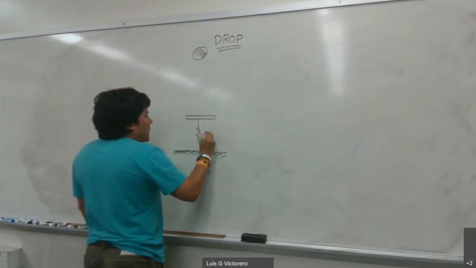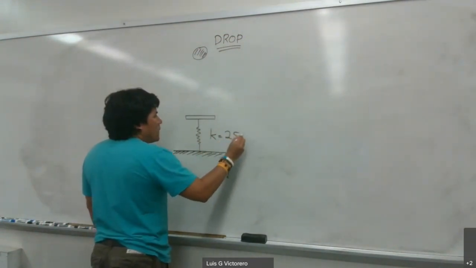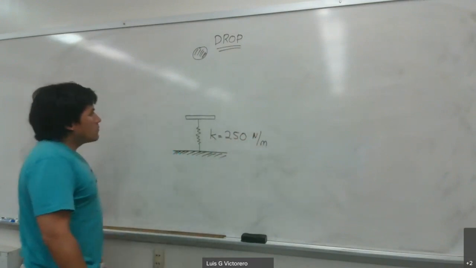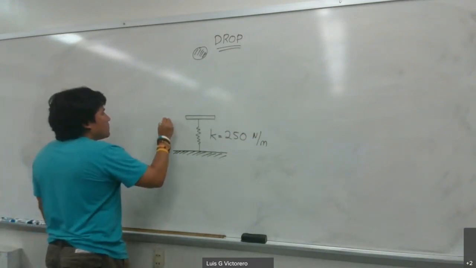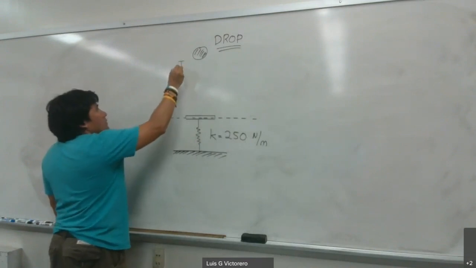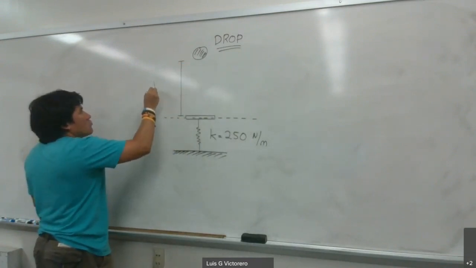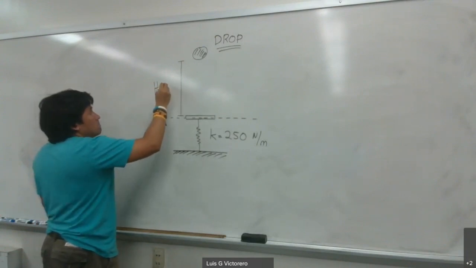The constant of the spring, I will make it 250 newtons per meter. And you want to find a few things. If I give you the height, let's make it 12 meters.